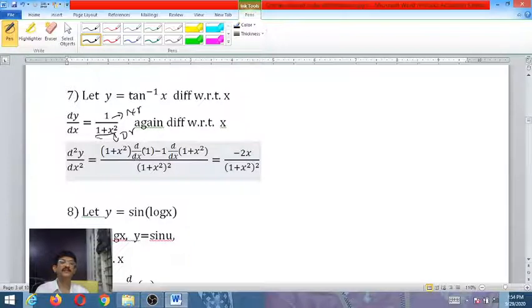What is the derivative of 1? It is 0. So 0 into 1 plus x square is 0. So it is minus 1 into the derivative of 1 plus x square, which is 2x. Here minus is there, so minus 2x.